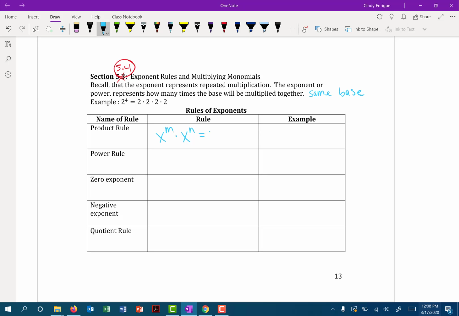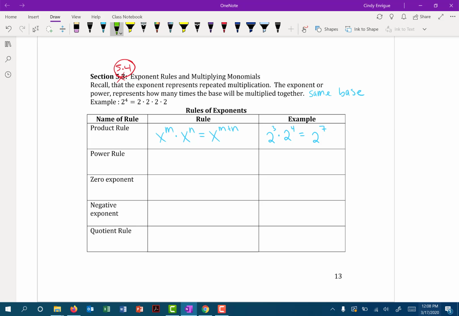Well, what you do with the exponents is you actually add them together. So it'd be m plus n. So for an example, using some numbers, if I have 2 to the third, well, the same base is 2, and let's say we have a different exponent. Let's say it's 4. Then we would add those exponents together, and 3 plus 4 gives me 7.